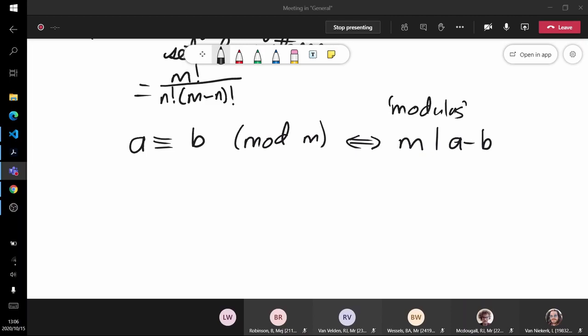In other words, a and b have the same remainder when you divide by m. In the talk today, we're only going to be considering mod a prime p. I'm sure you know what a prime number is. A different notation I learned in high school is a congruent to b with a subscript p, which I'll be using most of the time now. It's not much of a difference.